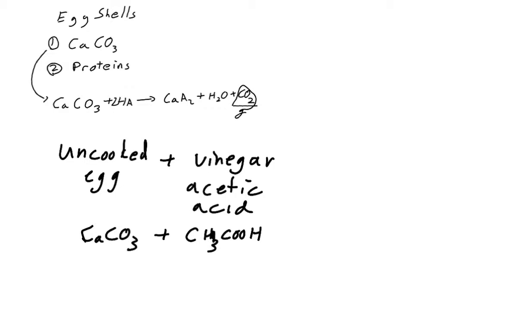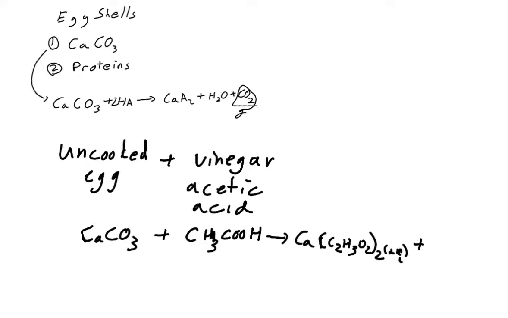And when you react acetic acid or vinegar with the calcium carbonate in an eggshell, what you get is calcium acetate dissolved in a solution, but we don't really care about that.